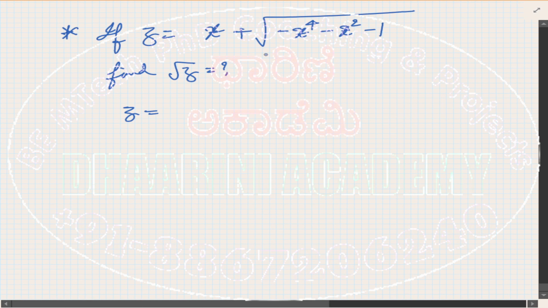See, I can write z as x plus, inside the root I'll take a minus 1 outside. Minus 1 into, see this is x to the power 4. In all of them the minus must come outside, correct? x to the 4 plus x square plus 1. Right? This means what now? What is this root of minus 1?